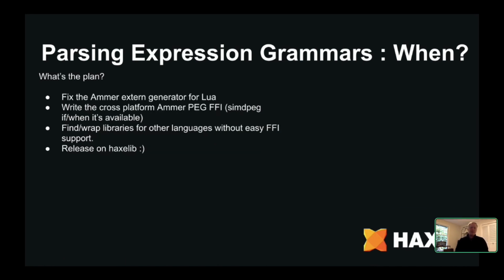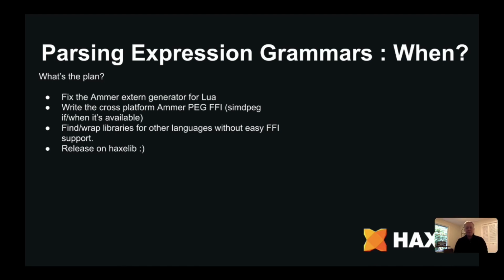So the plan is for the next couple of steps. When do I see this all coming together? I need to fix the extern generator for Lua, which at this point is basically just getting the CI to run consistently, and then find the PEG library I want to use for FFI. I'll use SIMD PEG if and when it's available. The SIMD JSON implementation was amazing, so I'm really hopeful they follow that up with SIMD PEG.